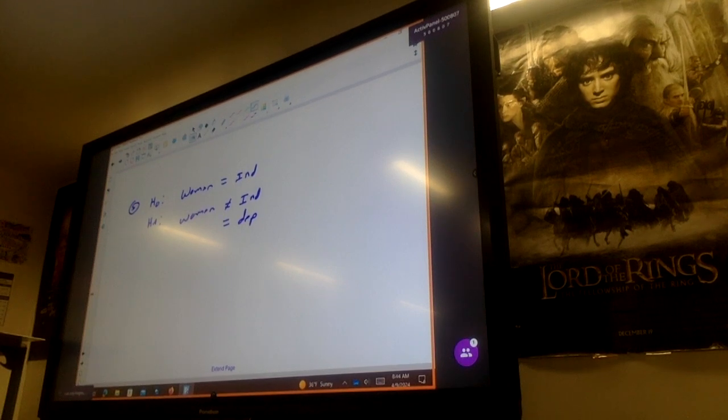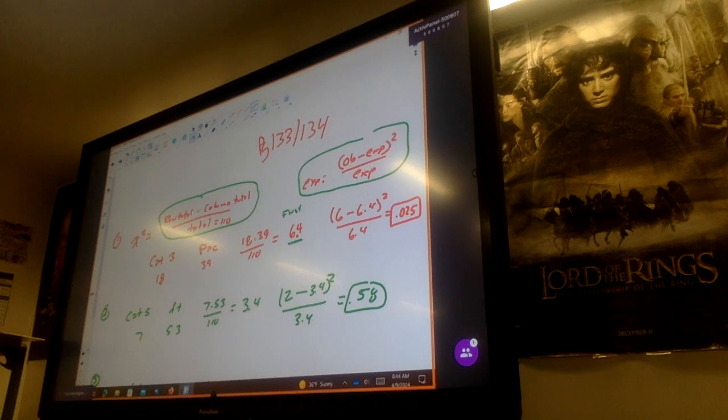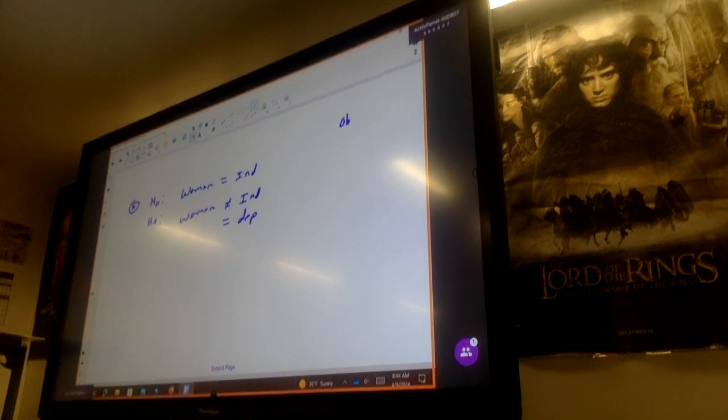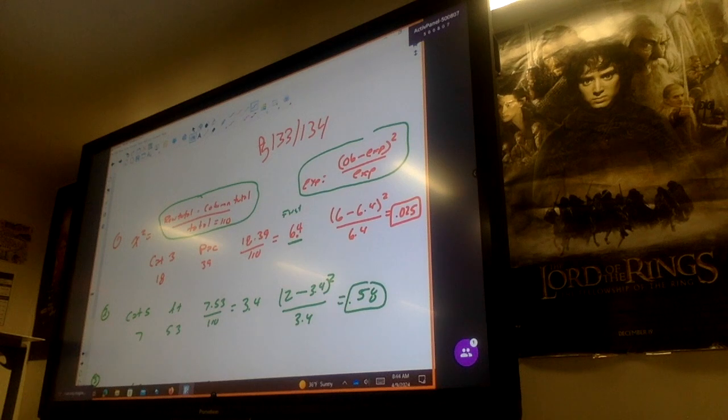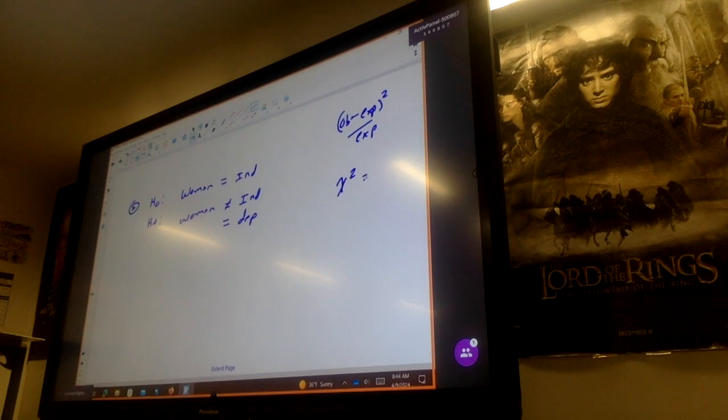Awesome. Then calculate the observed. So again, our chi-squared is going to be observed minus expected, quantity squared, divided by expected. And the expected is going to be row total times column total over the total.